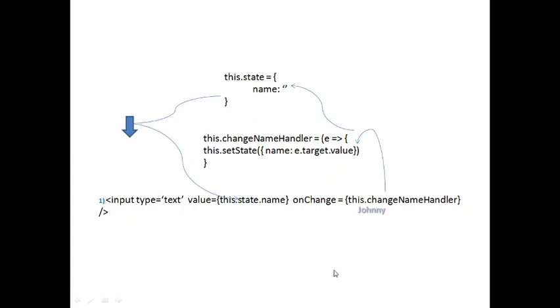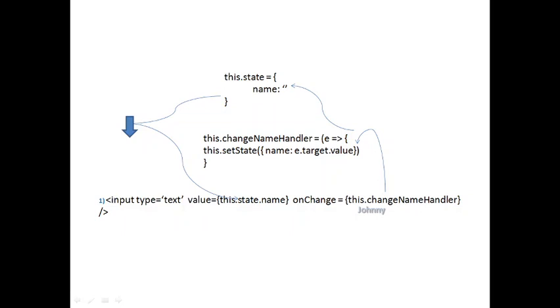And we also have onChange. It will be fired, and based upon the method, it will call that particular change. Here the method name is changeNameHandler, an arrow function. Based upon this, the execution flows.